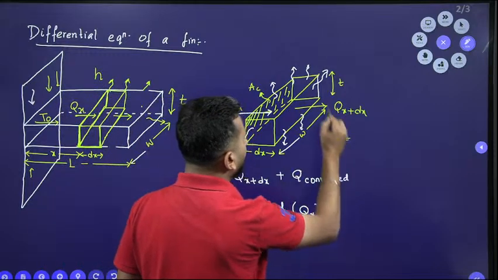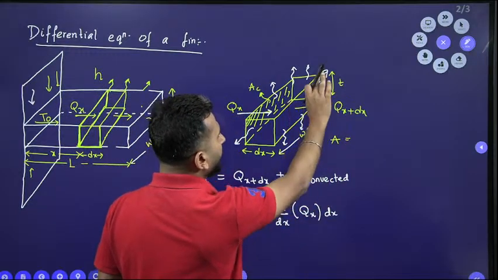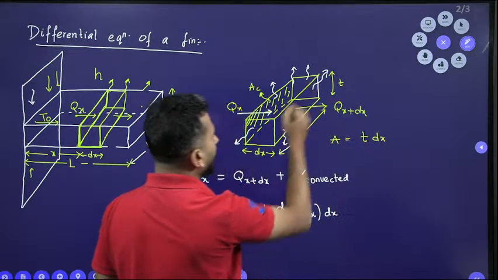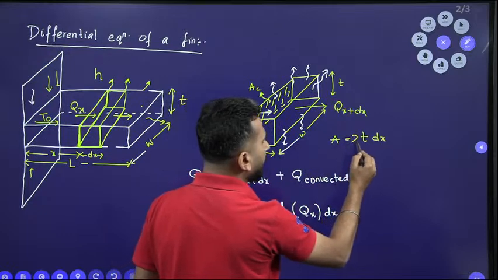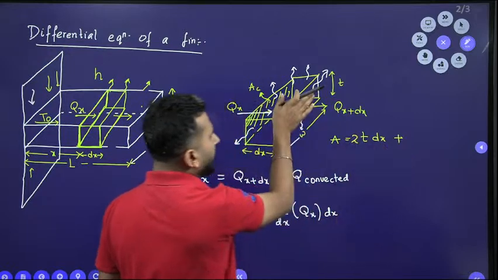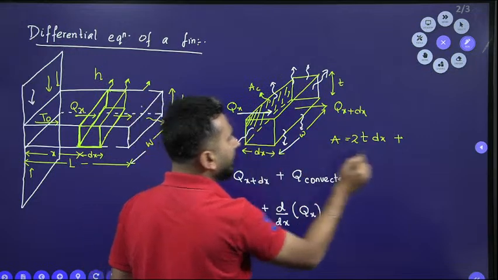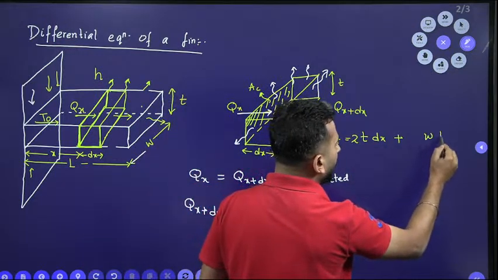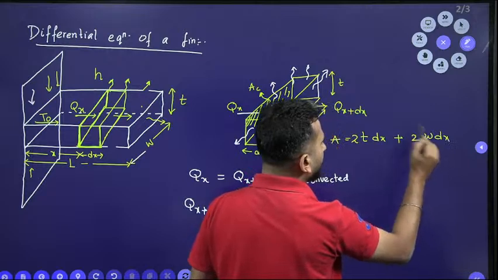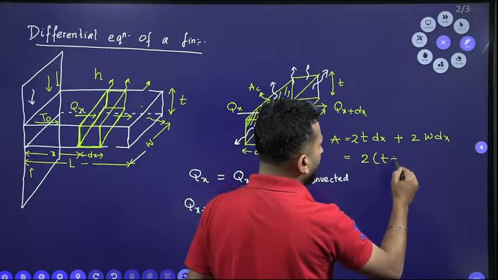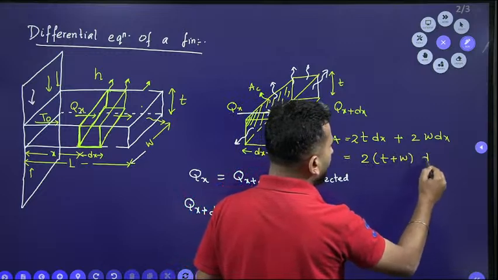So area is equal to T into dx, and that is front and back, so 2 times, plus now the top surface and the bottom surface. So W into dx, W into dx, twice. So I can write 2 times (T plus W) into dx.